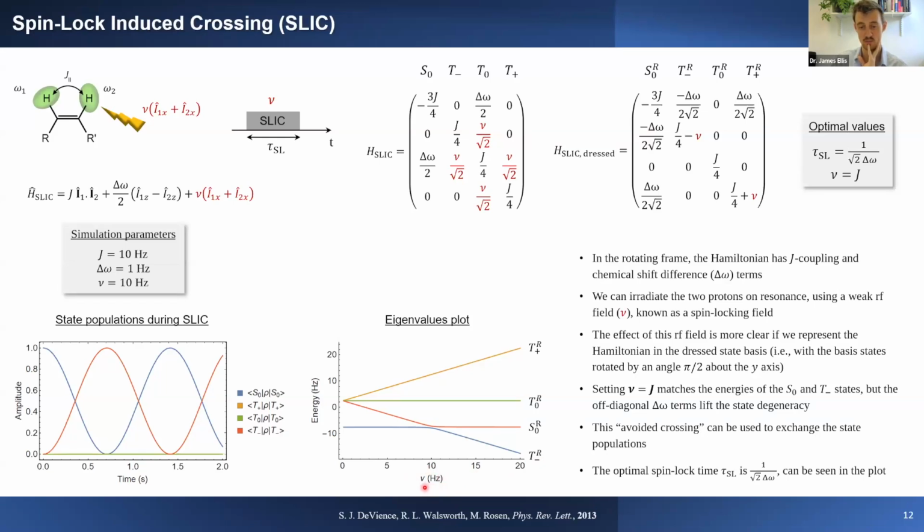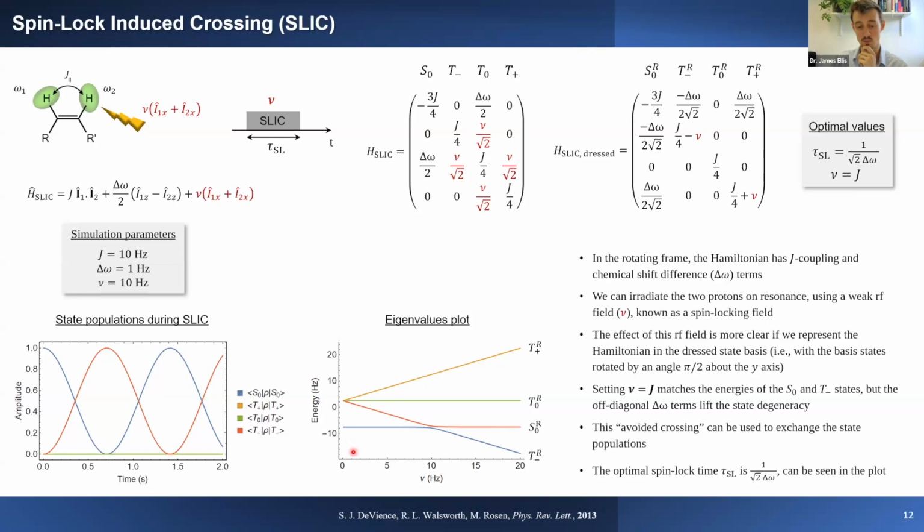Our amplitude nu here is in hertz, and again this corresponds to how fast the protons would be nutating under this X magnetic field that we're applying with the NMR coil. So very, very small values, of course. We're used to hard pulse methods where the spins are normally rotating at tens of kilohertz. But here we're just talking about 10 hertz or so.